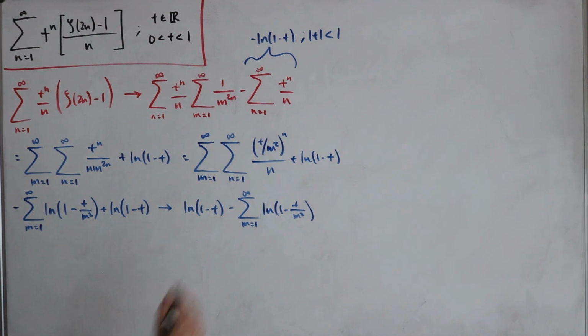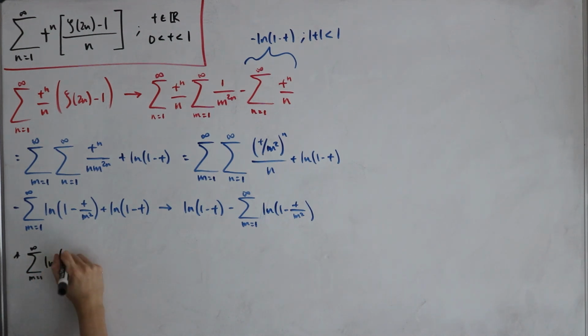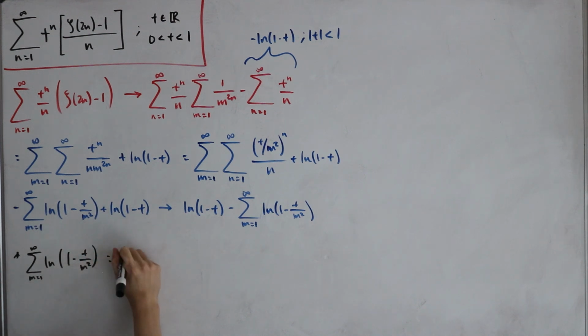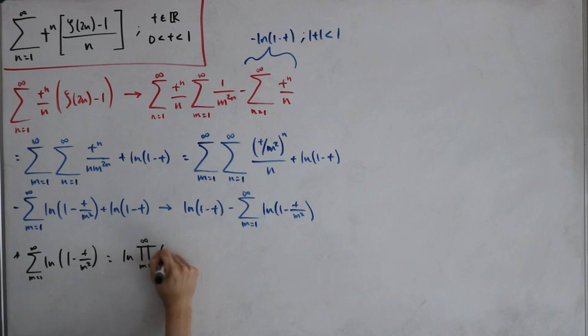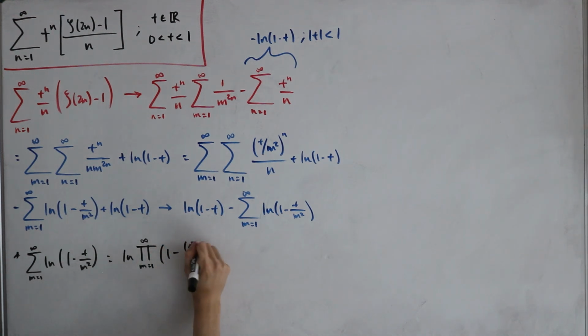So rewriting this sum, the infinite sum of m is equal to 1 of the natural log of 1 minus t divided by m squared is the same thing written as the natural log of the product series at m is equal to 1 of 1 minus. So I can actually write this in terms of a square root: square root of t, then positive, and then square, and then m squared.